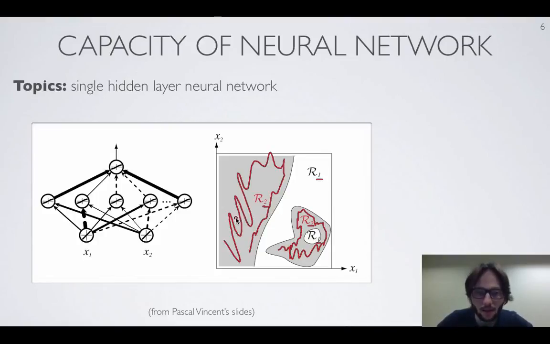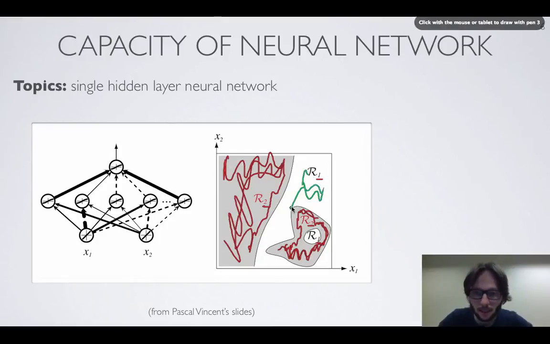Then by having several bumps here and bumps here and no bumps in the R1 region here and here, we can actually get a fairly complicated classification decision with a neural network that could have enough hidden units to place bumps at the right places to model our complicated decision function.